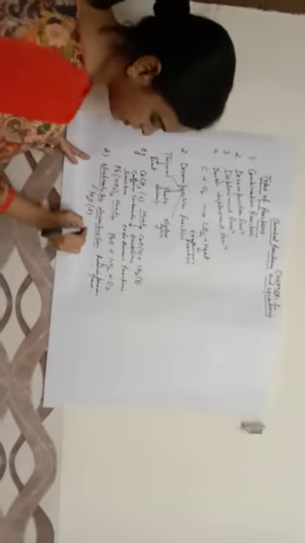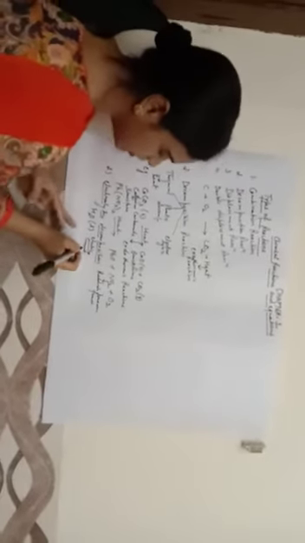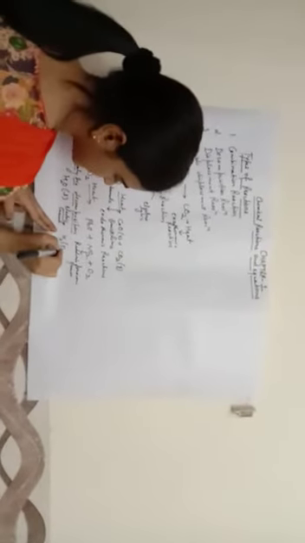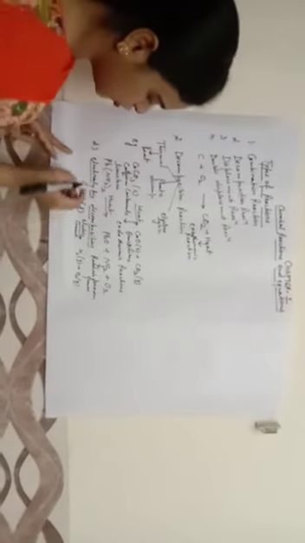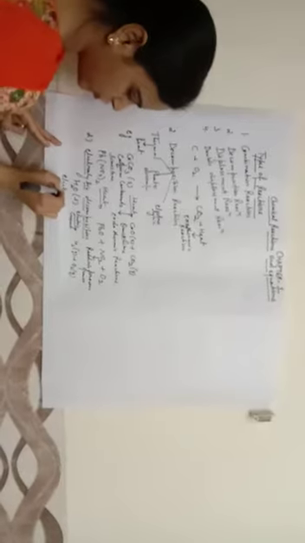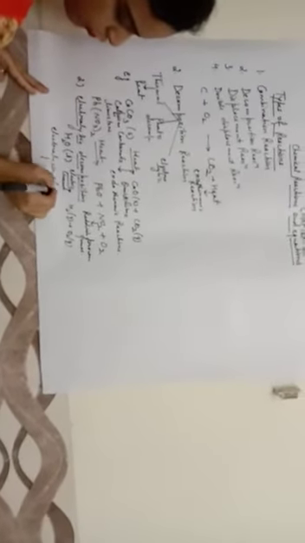Initially we will take water. When we provide electric current to the water, it breaks down to form H2 gas plus O2 gas. It is also known by the name electrolysis of water.